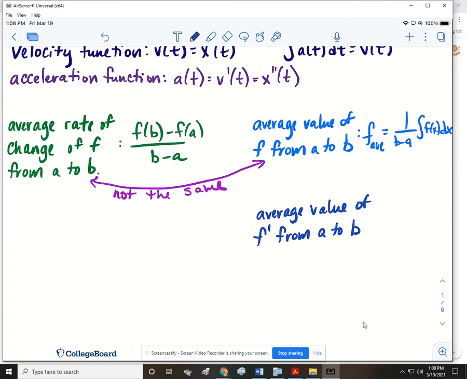Now, just f prime total is the instantaneous rate of change, but if we use this average value formula, that's going to give us the average rate of change. So f average of 1 over b minus a, and then we do this integral. I didn't do from a to b. We should have done that. Of f prime of x dx.